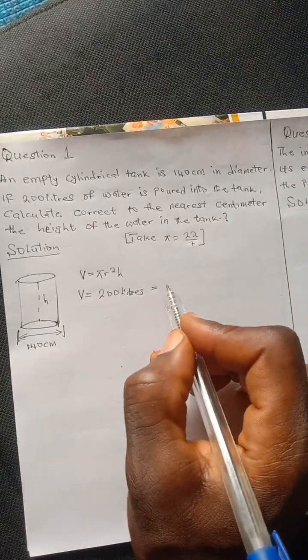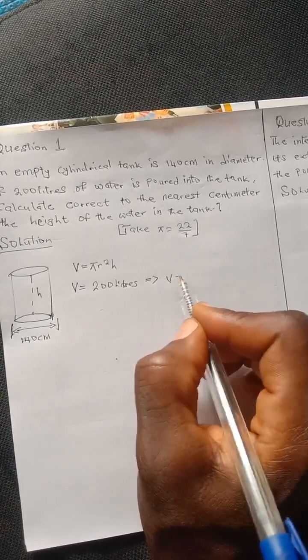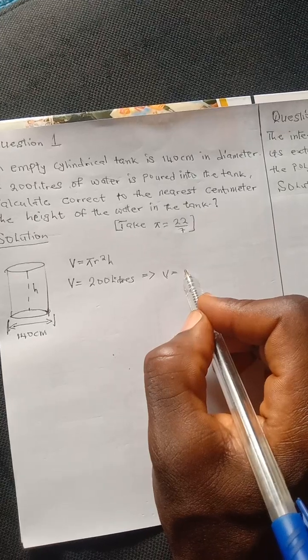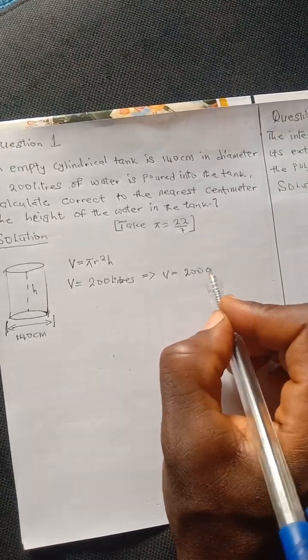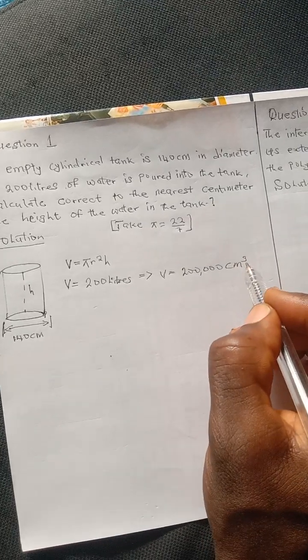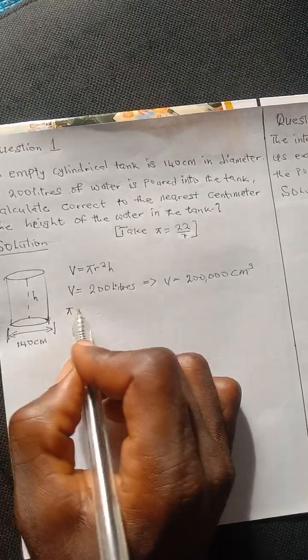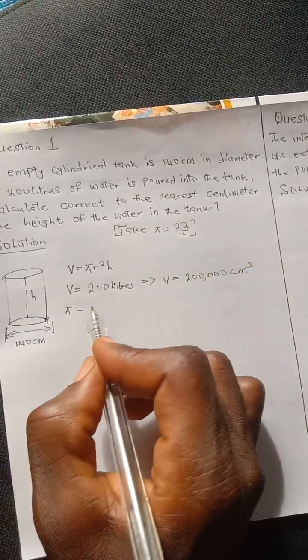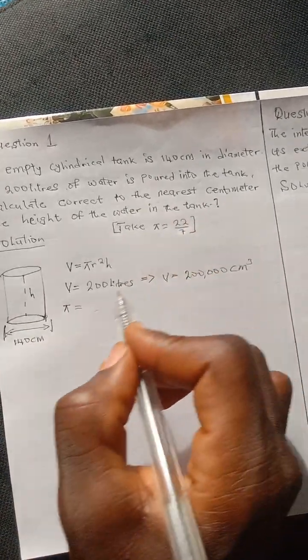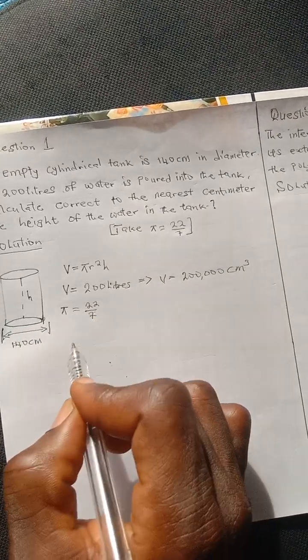And don't forget, 200 liters is equal to 200,000 cm cubed. We also have pi, which is given in the question to be 22 over 7.